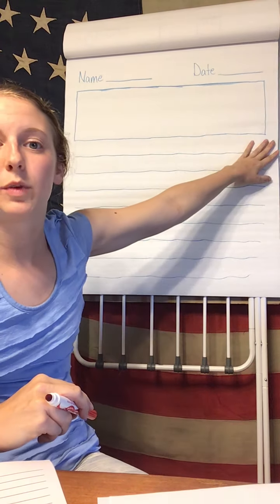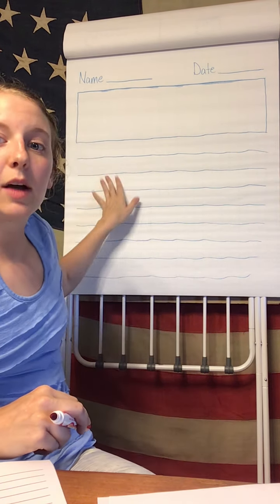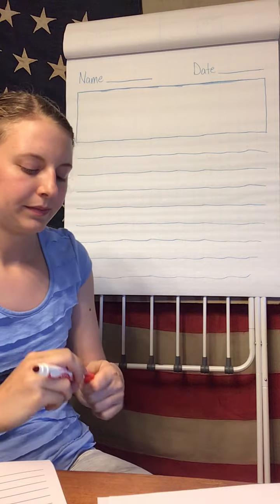Like we practiced with our facts and opinions, I want you to give a fact about that summer activity. What is it? What do you do? Something that is real and true. And then I want you to give your opinion about it. Do you like it? Do you enjoy it? Is it the best? Is it your favorite?